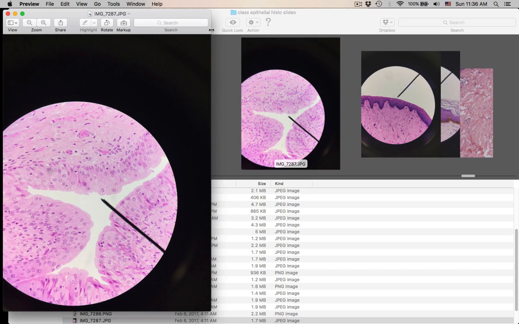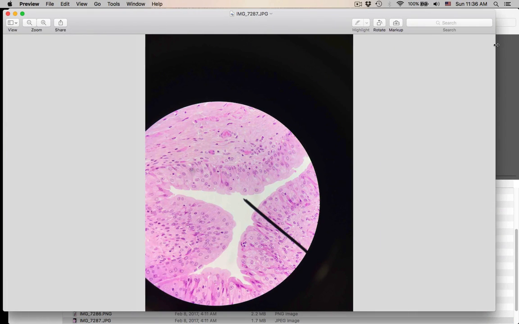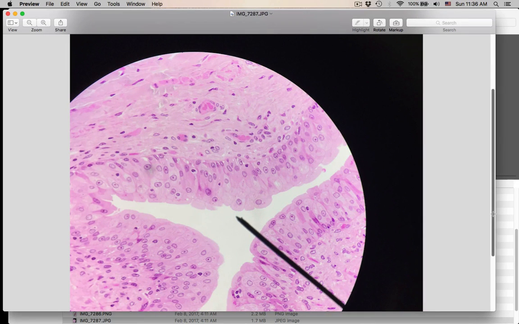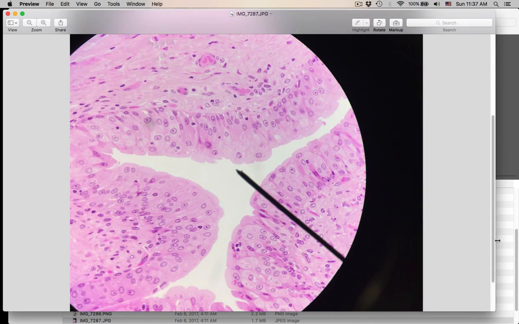Here comes another. I got this down, Dr. Sweet. I figured this out. This is 29. Name this type of epithelial tissue.